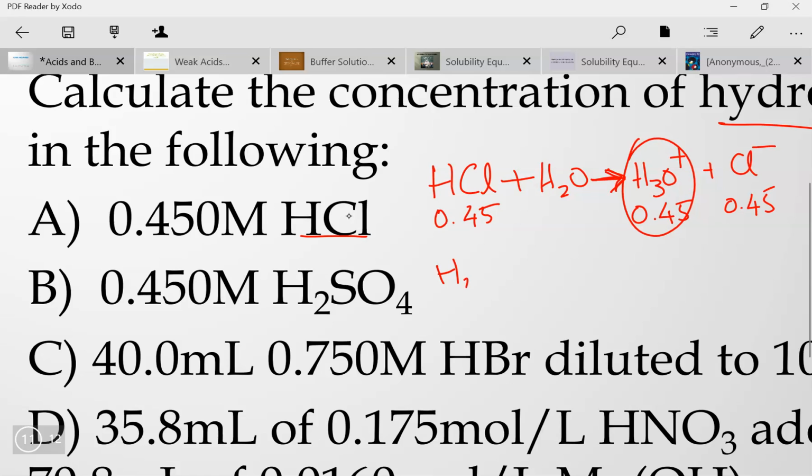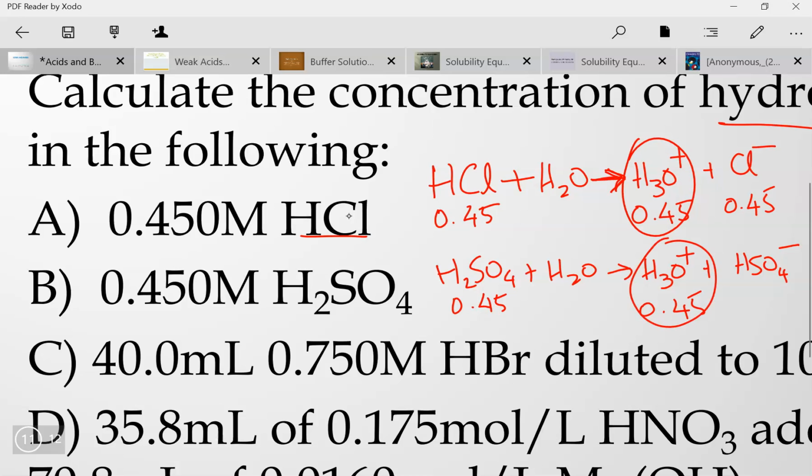Same way, if I start with 0.45 molar H2SO4, I get 0.45 molar H3O plus. This might be a bit confusing because you'll see that I didn't take off the second hydrogen, because for HSO4 minus to lose this hydrogen is very unfavorable because it already has a negative charge.